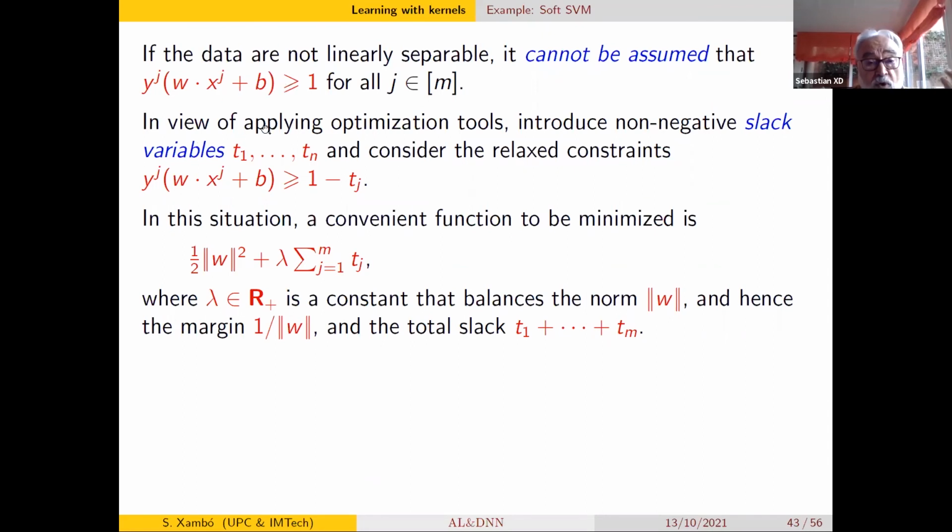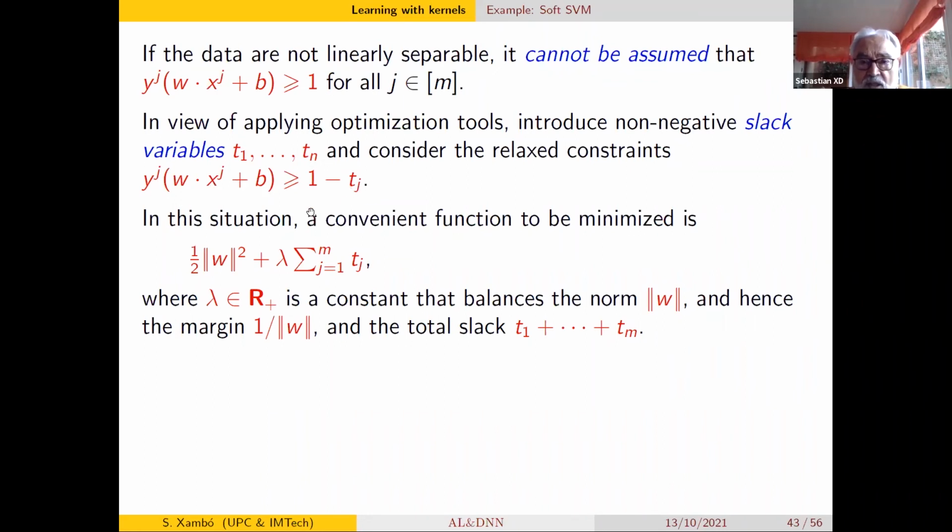If we want to apply optimization tools, a standard procedure is introducing what are called slack variables, T1 to Tn, and considering, instead of these constraints here, slack constraints. So you allow to violate the minimum one by some amount Tj.